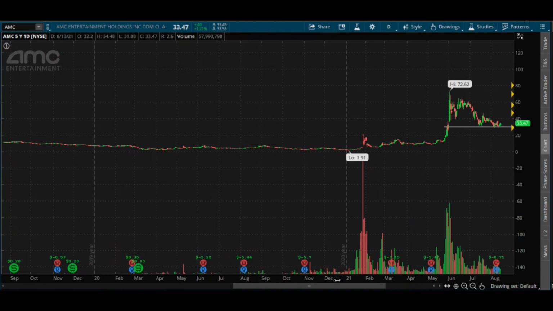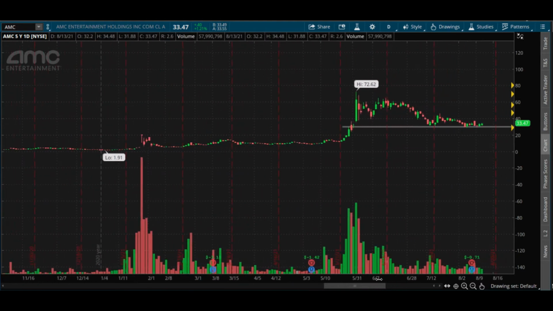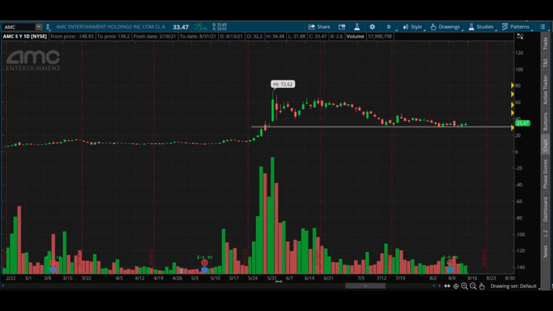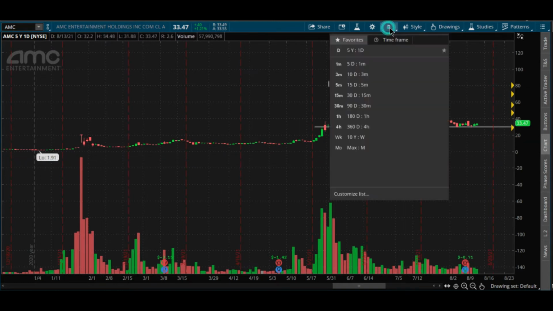This goes from years to months to days to minutes, depending on what type of time frame you want to look at. Now, in between this time frame of January 2021 and August 13th of 2021, this price range from $1.91, which is an all-time low, from the 5-year 1-day chart.